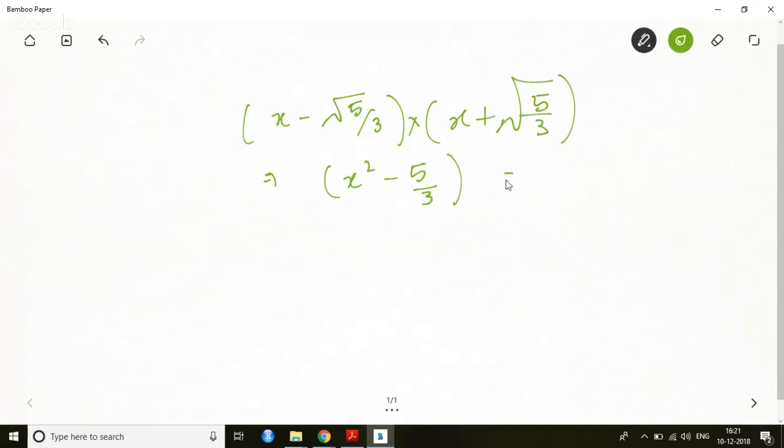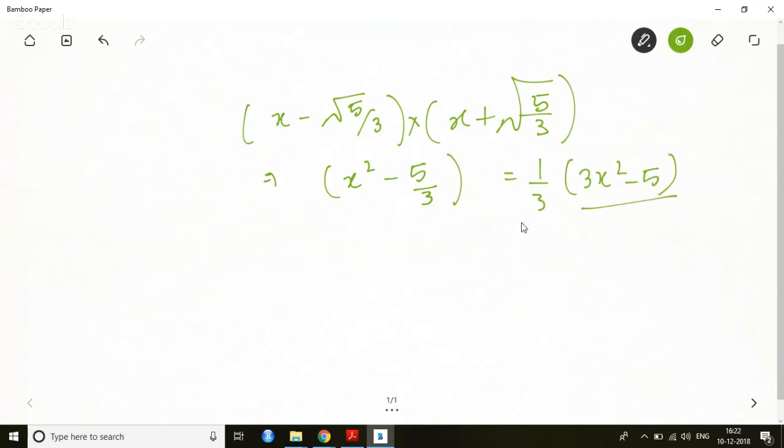So x minus root 5 by 3 and x plus root 5 by 3 are my factors. I'll multiply these factors. I'll get x square minus 5 by 3, which is nothing but 1 by 3 times 3x square minus 5.